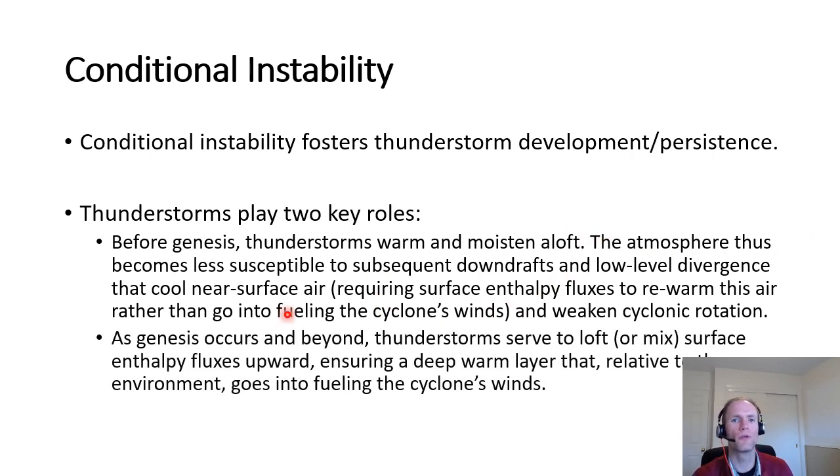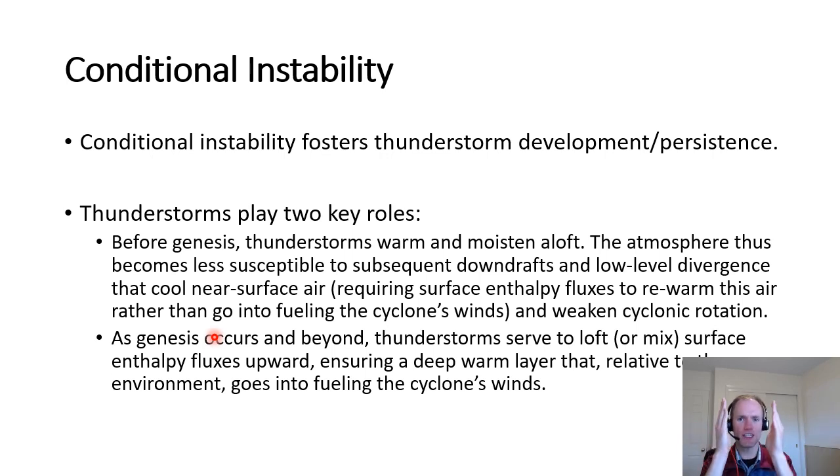Why? Because once you have genesis occurring, once you have a tropical cyclone forming, those thunderstorms take that ocean's energy and loft it upward or mix it upward within those towering thunderstorms near the center. So you take that profile, that blue dashed line, and you shift it toward the saturation value that was even further to the right. What that means is you create an area near the center of the storm that has much, much higher moist static energy than areas even 100 miles away, let alone 1,000 miles away.